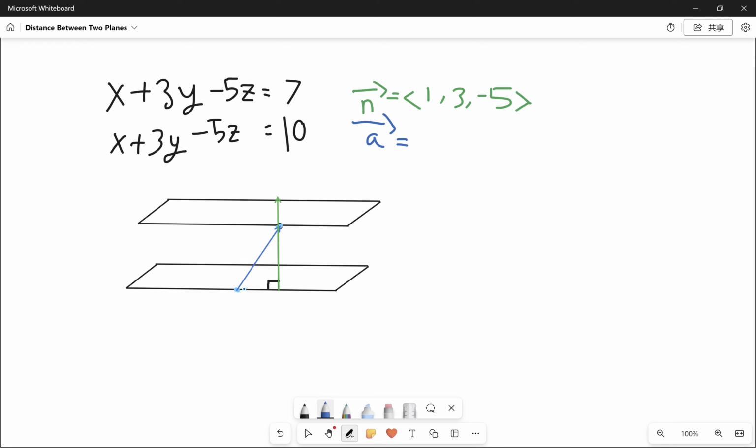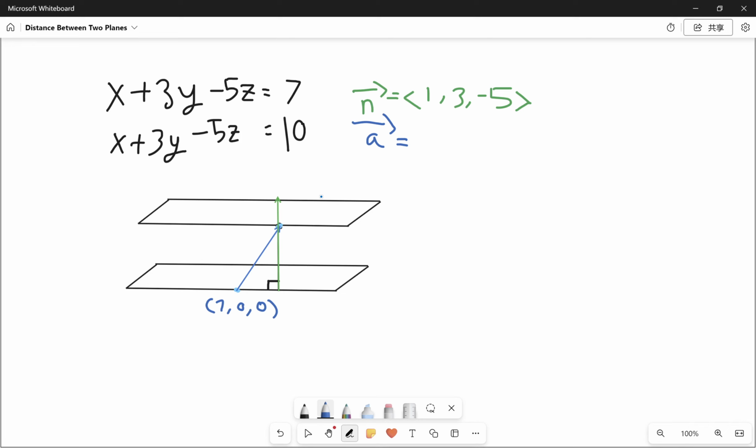Vector A is equal to, well, first you want a random point on this plane. This plane here is x plus 3y minus 5z equals 7. The first point you can think of should be 7, 0, 0, because if you plug 7, 0, 0 in, you actually get 7.